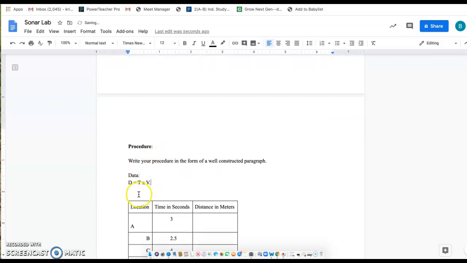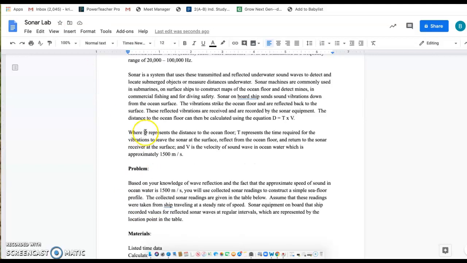The D is going to represent the distance to the ocean floor from the surface. T is going to represent the time required for the vibrations to leave the sonar at the surface, reflect from the ocean floor, and come back. So sending a vibration from the surface all the way down and back to the top, that's the time.